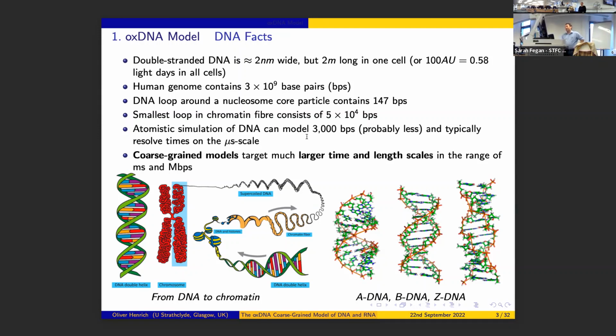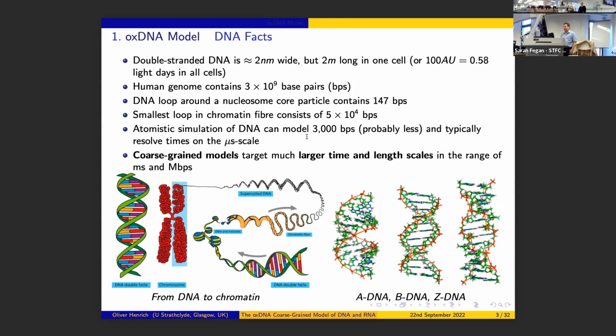Another problem is, of course, it's not just the number of base pairs or physical length, it's also the time scale that you can reach. You're talking about the microsecond time scale. These are just intrinsic limitations when you use atomistic models that have everything very finely resolved, which explains why you need something else if you want to study DNA on larger time and length scales.